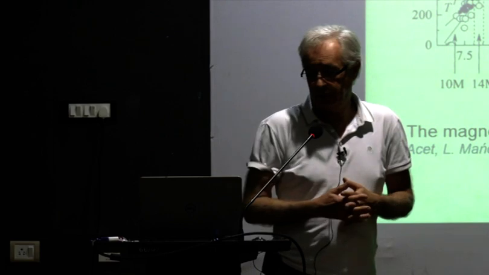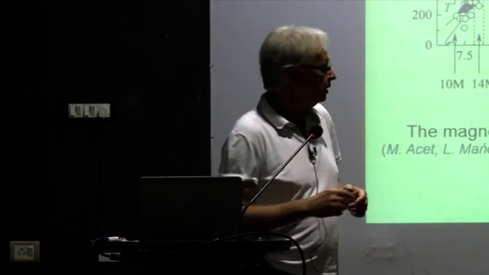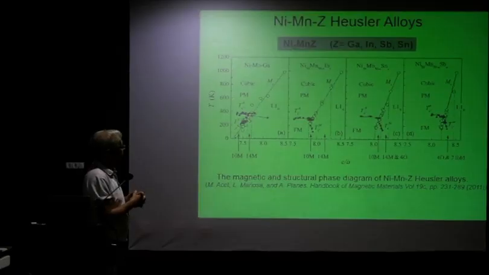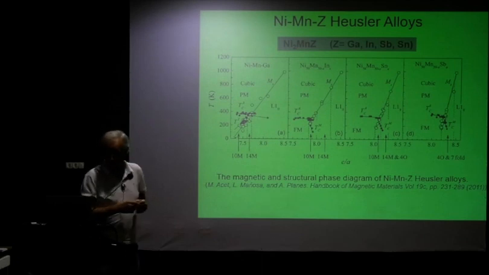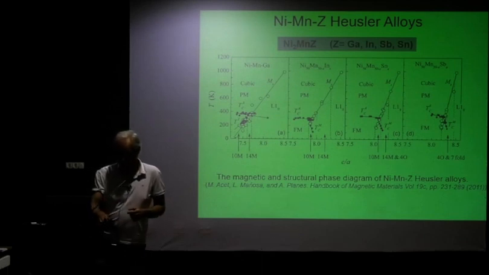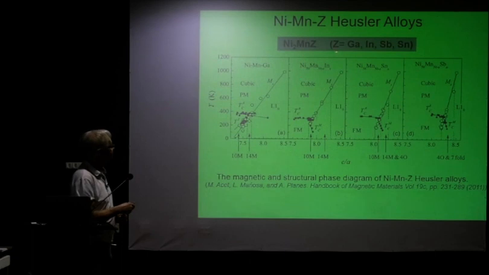I showed you this diagram yesterday a little bit, showing the various phase diagrams of the Heusler systems with gallium, indium, antimony, and tin, starting with gallium, indium, tin, and antimony.